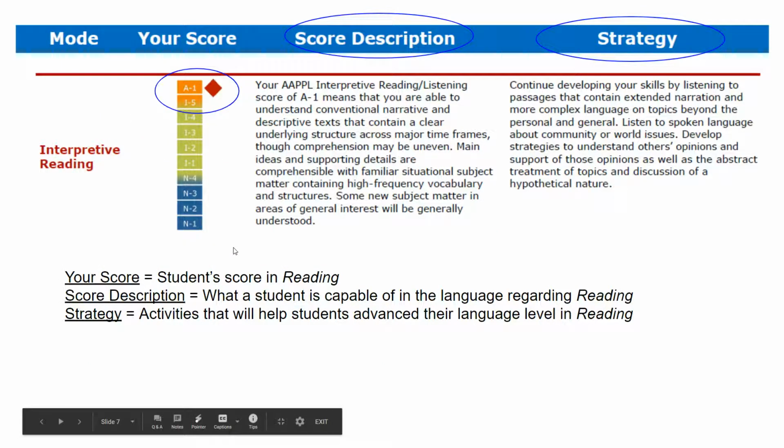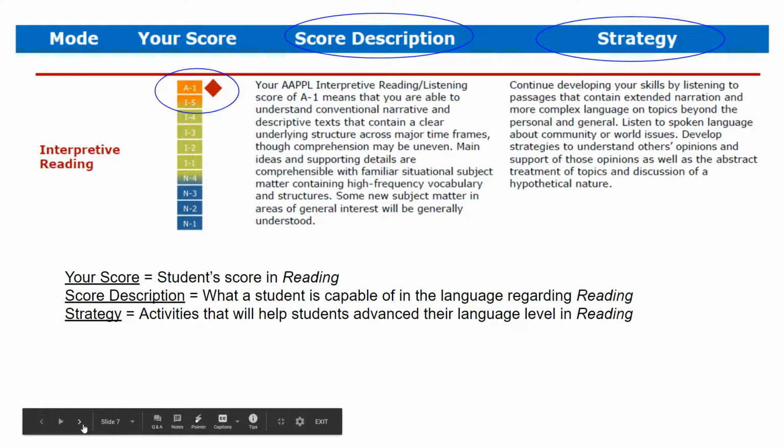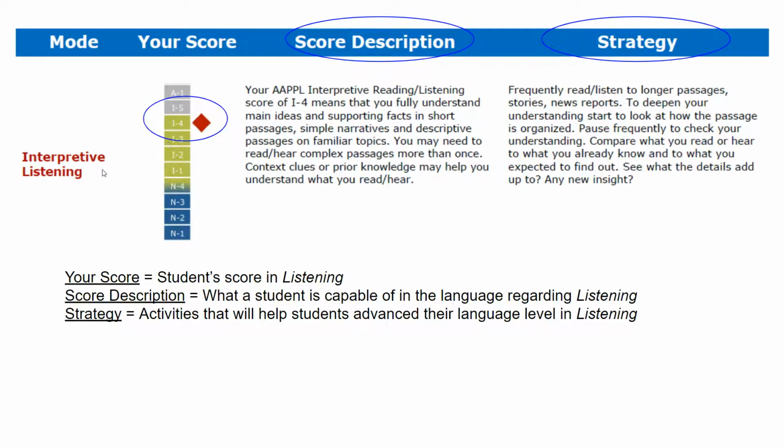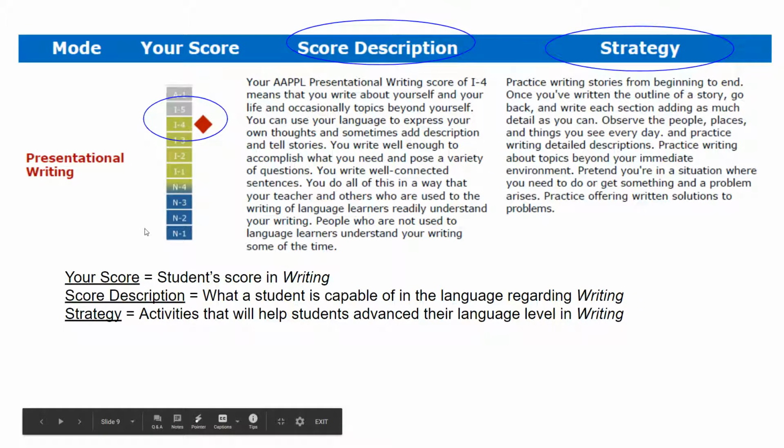Here is another close-up example of the student's reading score that we saw was at the advanced level. And again, the intermediate high level for listening. And then the writing score of intermediate high for writing.